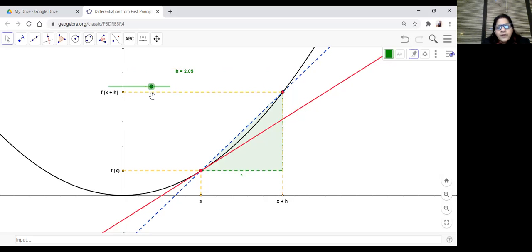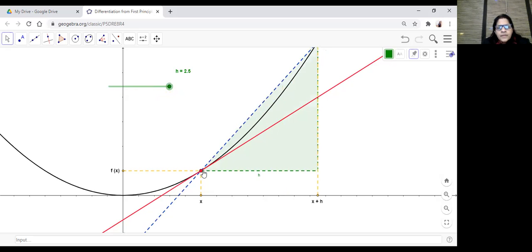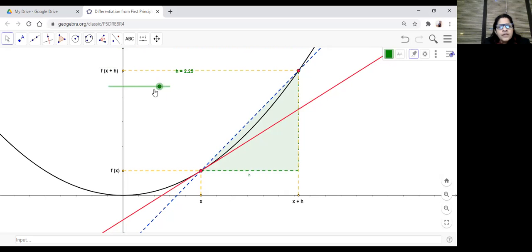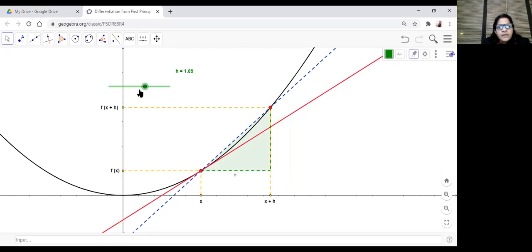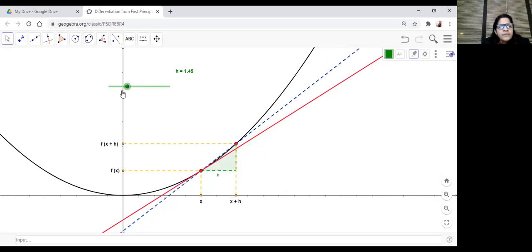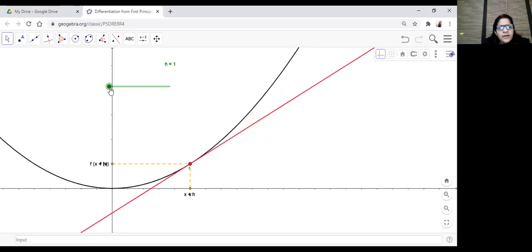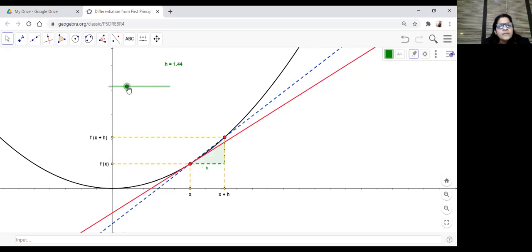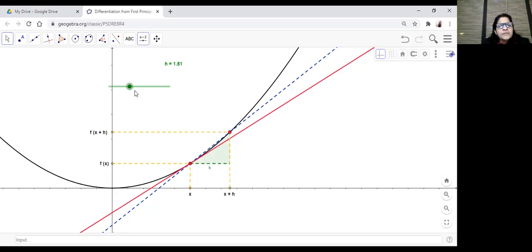These 2 red dots you can see, this is P and this is Q. I'm just making h smaller and smaller, and finally 0. My slider adjustment is a bit faulty, I can change the slider, just a moment.